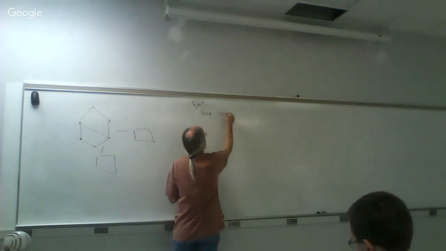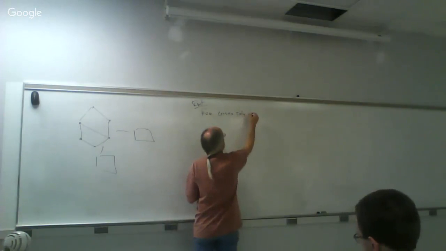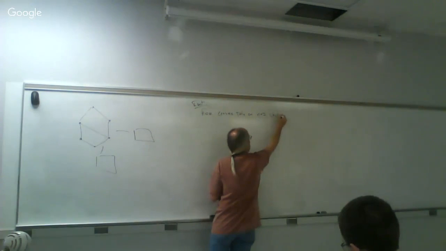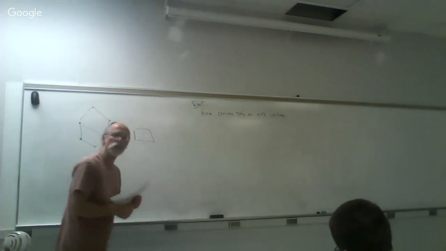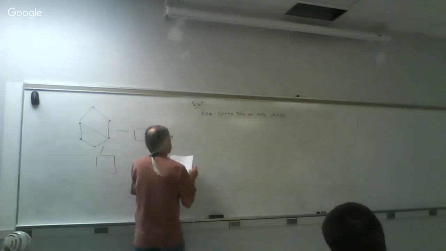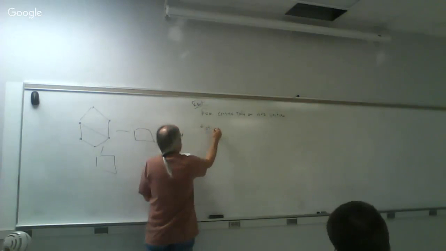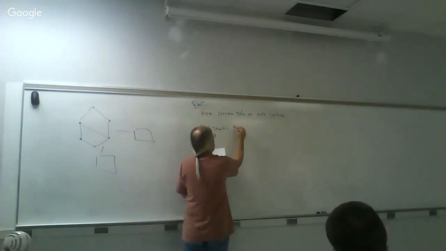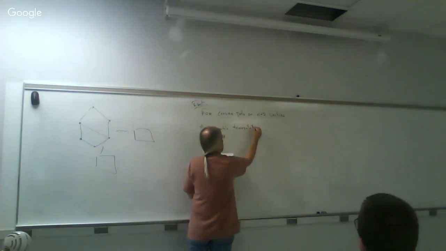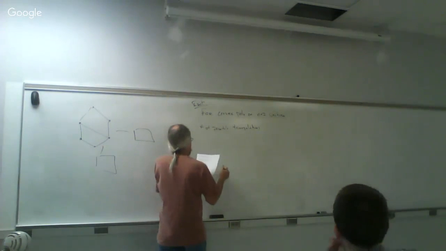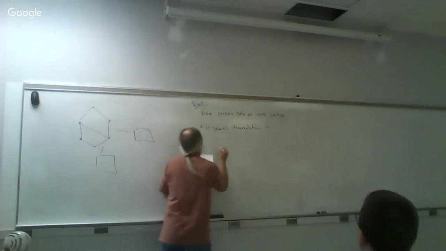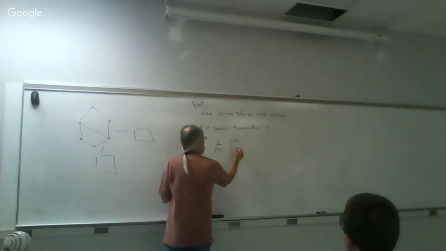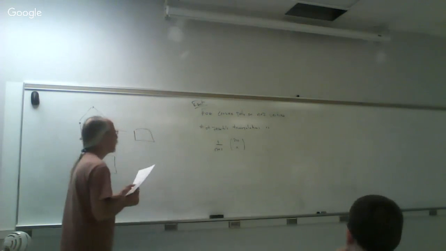For a convex polygon on n+2 vertices, n+2 because we start with triangles, the number of ways that we can triangulate that polygon is 1 over n+1 times 2n choose n.